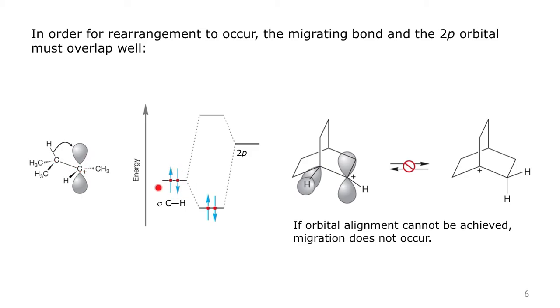So in this case it's a sigma C-H bond interacting with a 2p orbital, and the shift can occur. If the orbitals cannot align, if you have, for instance, a bicyclic compound where the geometry is constrained, where this sigma bond cannot align with the empty p orbital, then you don't observe rearrangement. And so there are some examples of that.